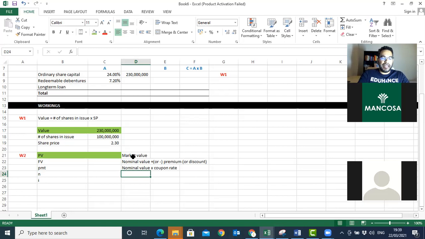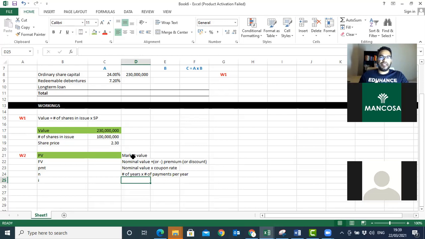N is number of years times number of payments per year. In this case, we took the thing out 1 March 2014, up until 2020.